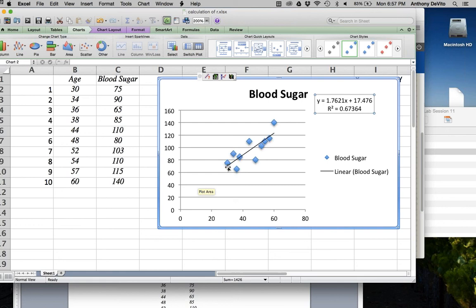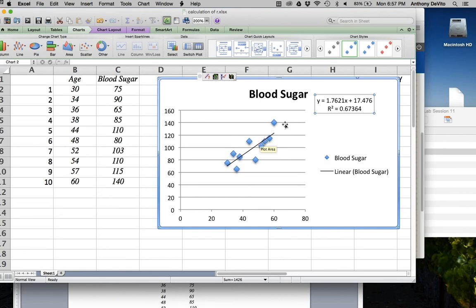They didn't extend this because when we talk about correlation and regression, we only work with the range of data, the range of numbers that we have data for. In this particular study, the youngest person was 30 years old and the oldest was 60.